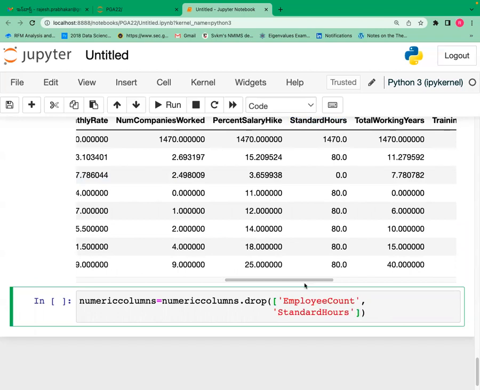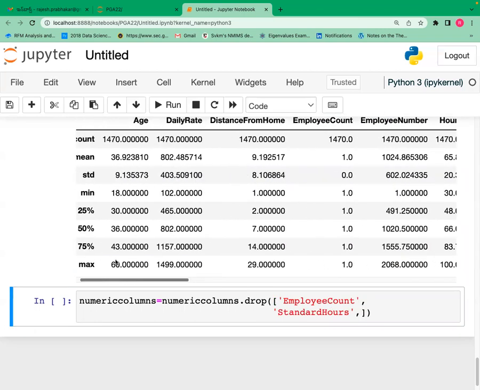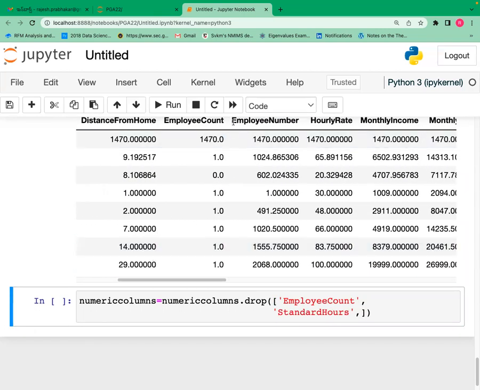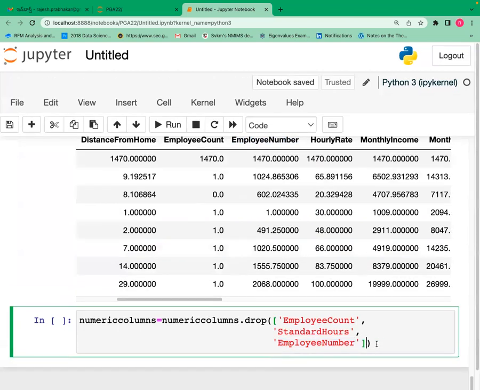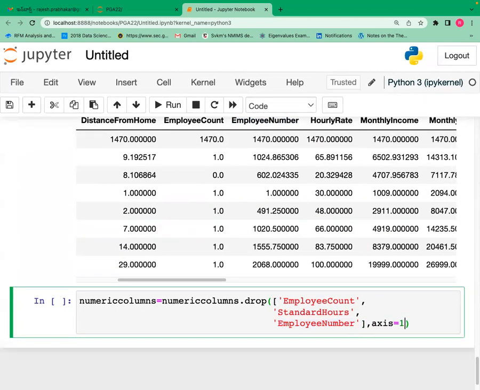Employee number also, yeah, thank you. You have to drop employee number also, right? Yes, it's just like an ID, comma axis is equal to 1.